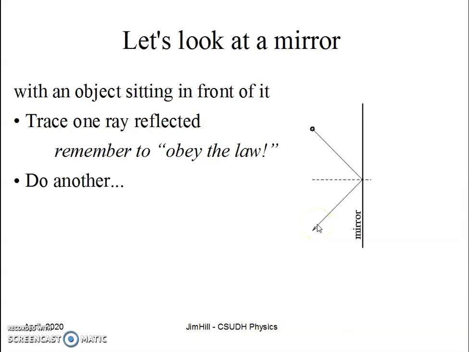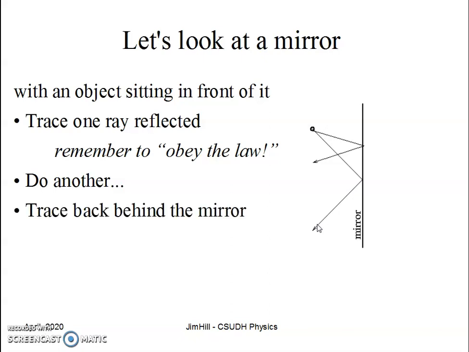I can do that again, draw a second ray, and I can, because I choose to, trace back to see where these rays look like they come from. And of course the lines cross somewhere. Almost any two lines that you draw on a plane are going to cross somewhere.